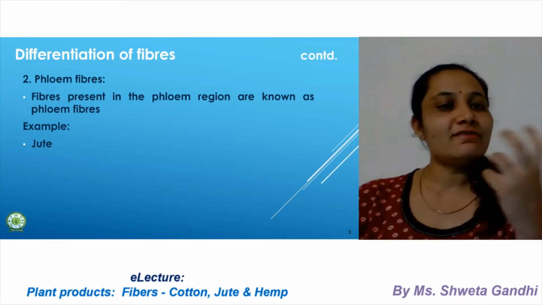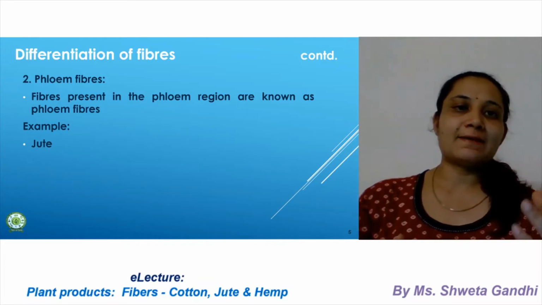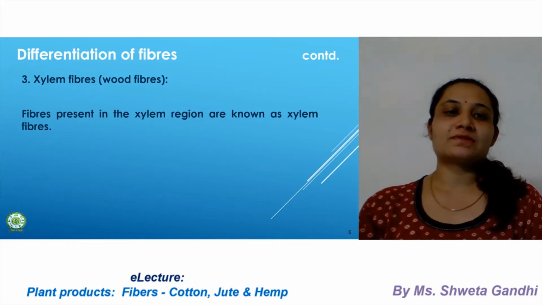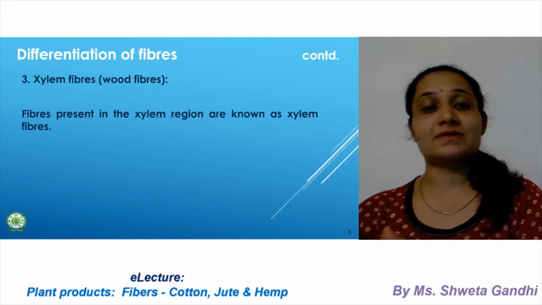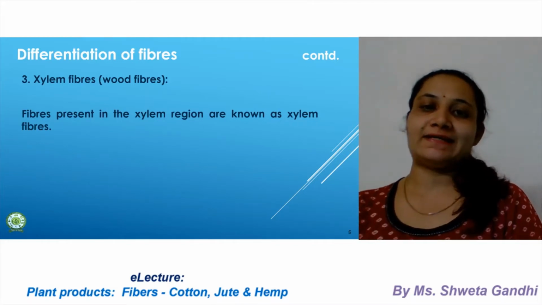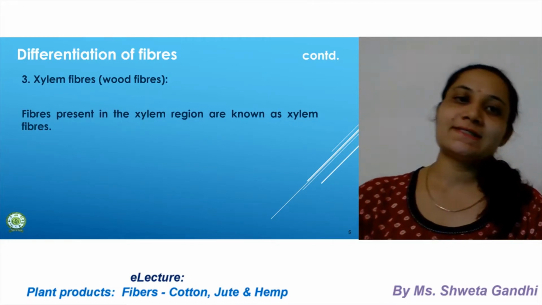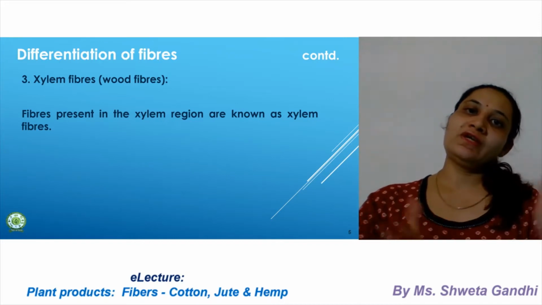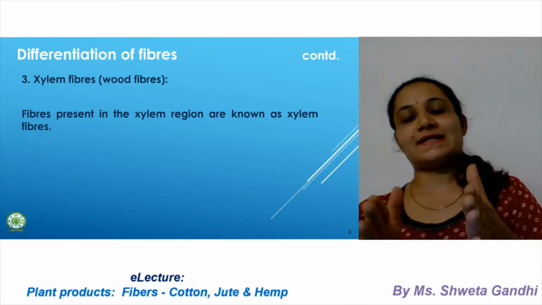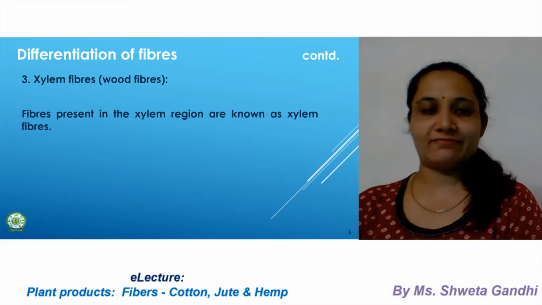An example is jute. And xylem fibers are also called wood fibers. They are the fibers present in the xylem region of the plant, therefore they are called xylem fibers. So here we have studied three types of fibers: phloem fibers, pericyclic fibers, and xylem fibers.